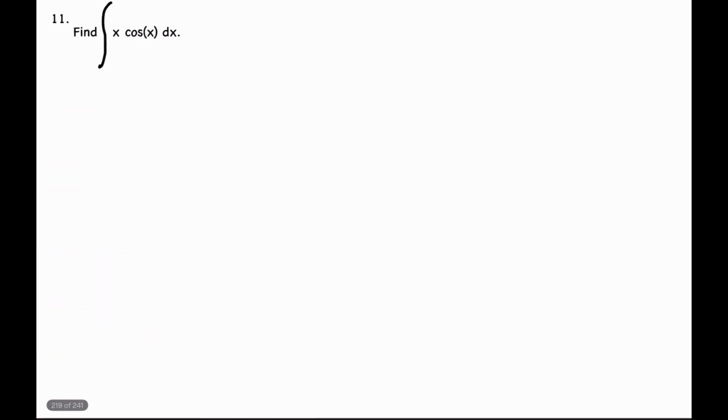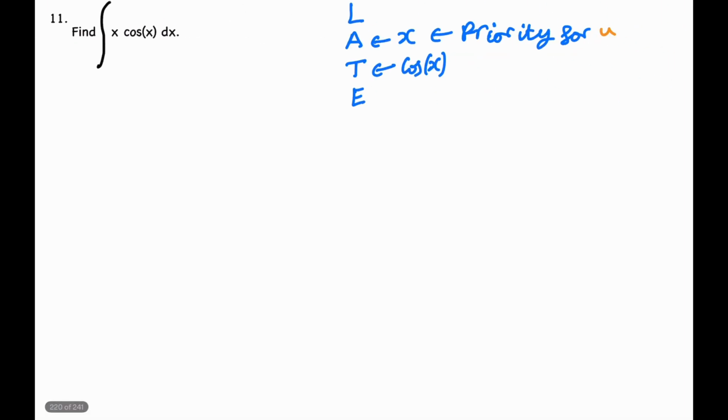The formula is very useful to know, and it's the same as the reverse product rule. So now let's do an example. Here they're asking to find the integral of x times cos x with respect to dx. It looks like a product rule because you have a function times another function, the x times the cos x. So here we would use integration by parts. First let's look at priority: L-A-T-E, late, a really good acronym to memorize.